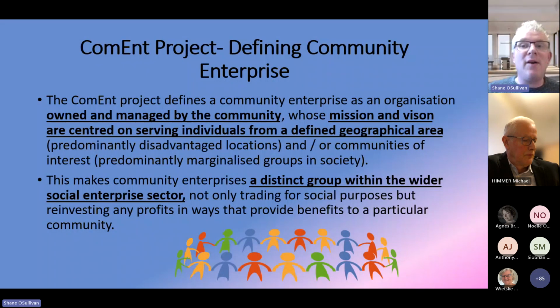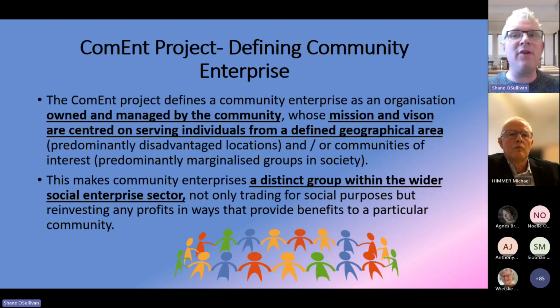And I suppose it's very important maybe to define as well what is a community enterprise, and this was one of our first tasks as part of this project, and it very much feeds into the area of regional development. We defined it as an organisation owned and managed by the community, whose mission and vision are centered on serving individuals from a defined geographical area.